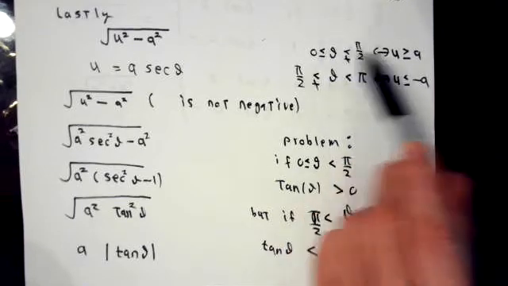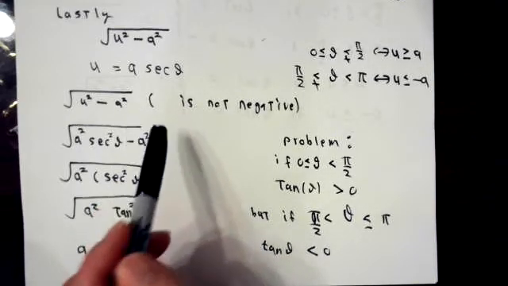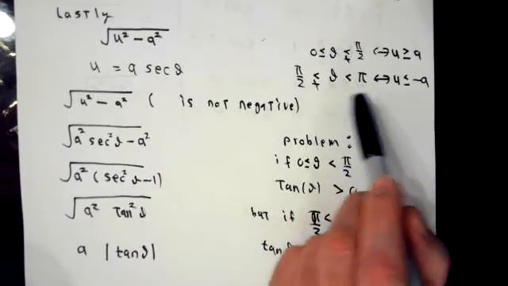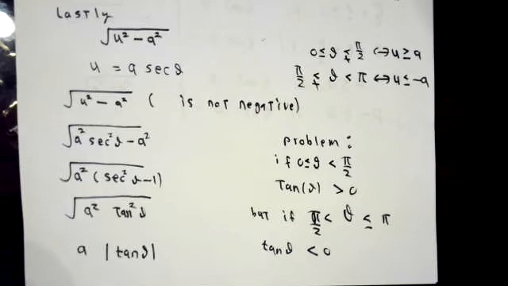This part goes with u being at least a. On the other hand, if the angle is between pi over 2 and pi, cosine of that angle is negative, secant of that angle is negative, a times secant would be a negative number.